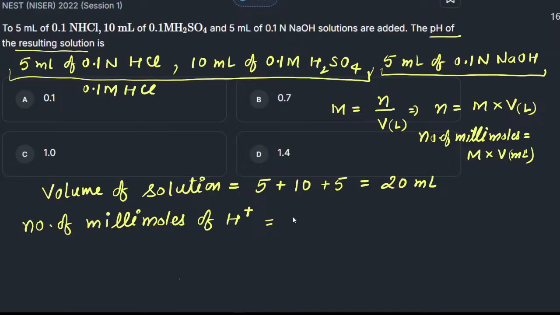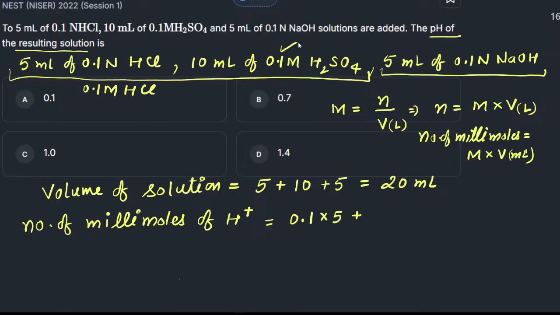So molarity of HCl is 0.1, volume is 5, plus molarity of H2SO4, that is 0.1.